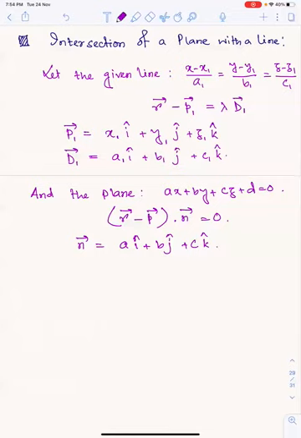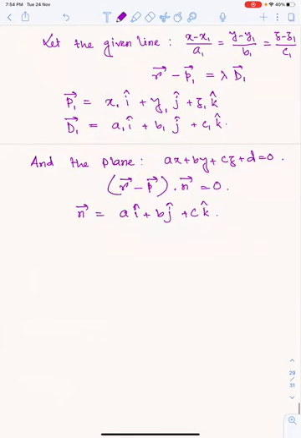Okay. Now to determine the intersection of the plane with the line, if we try to have a figure corresponding to this, this is the plane we are addressing, and this is the line, and say the intersection point is this one.